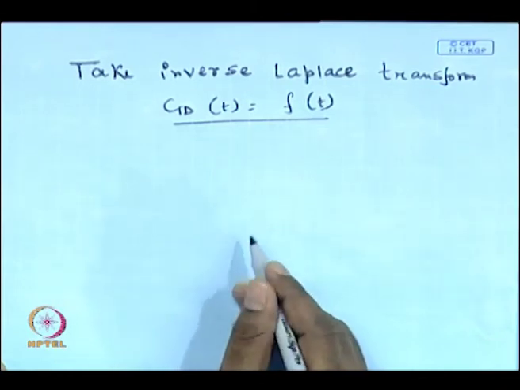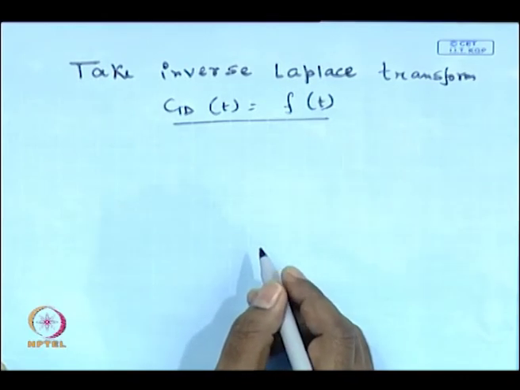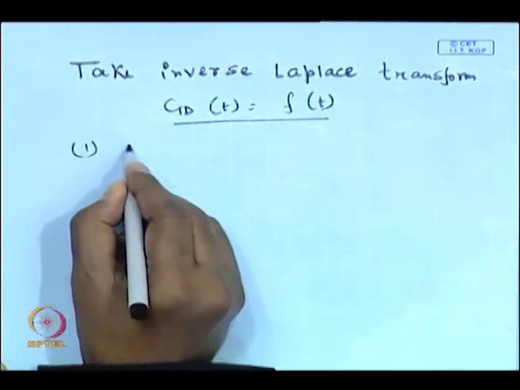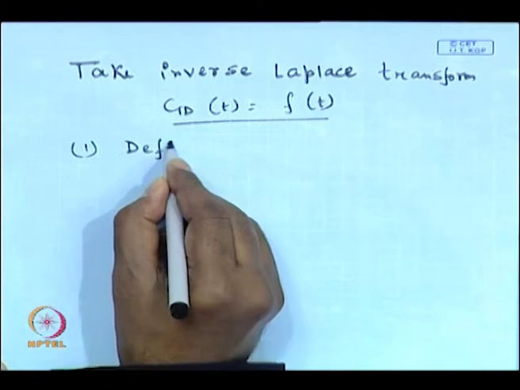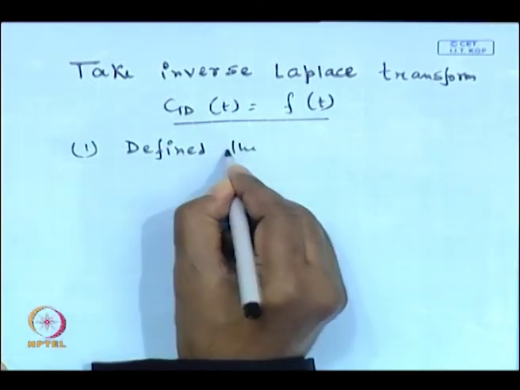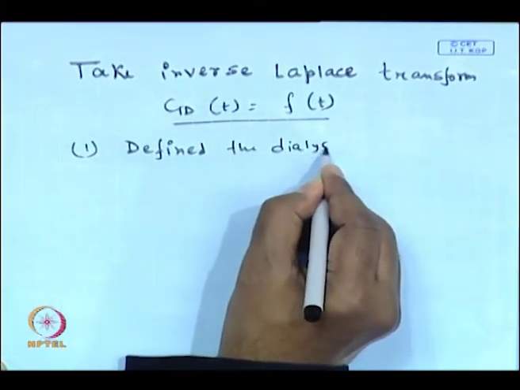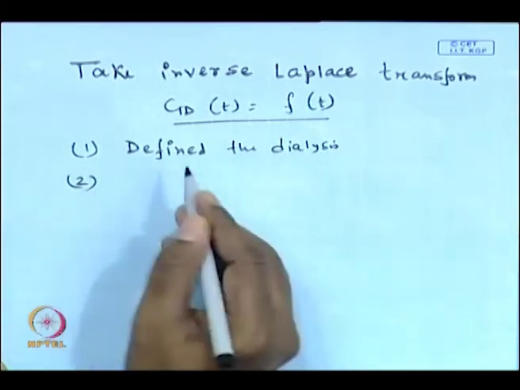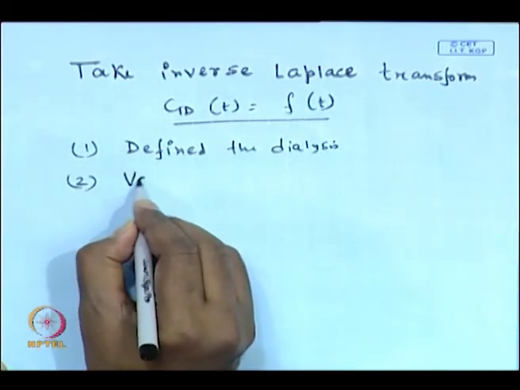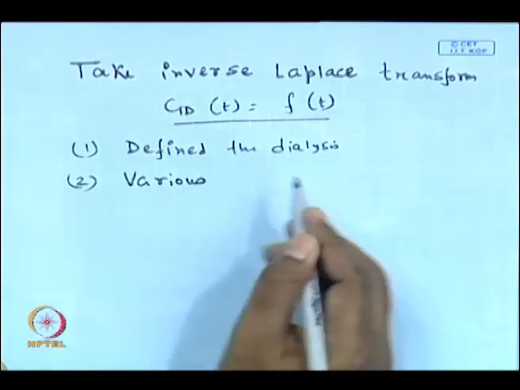Okay. So, let us now summarize whatever we have done till now. We have defined the dialysis process, and we have analyzed the various mass transfer resistances that will be coming across the dialysis process.